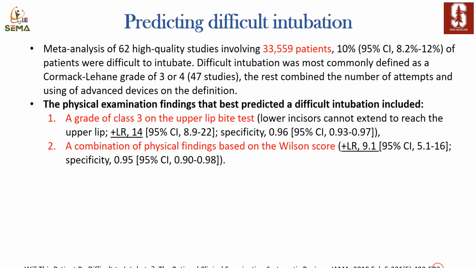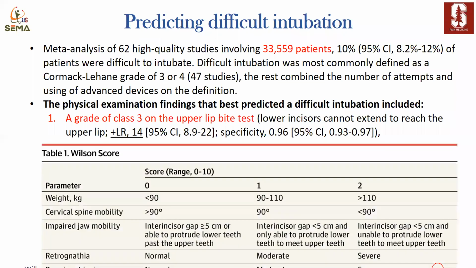the Wilson score. So what is Wilson score? Wilson score is a score that was developed by Dr. Wilson back in 1988, which basically includes five parameters: weight, cervical spine mobility, impaired jaw mobility, retrognathia, and receding lower teeth.